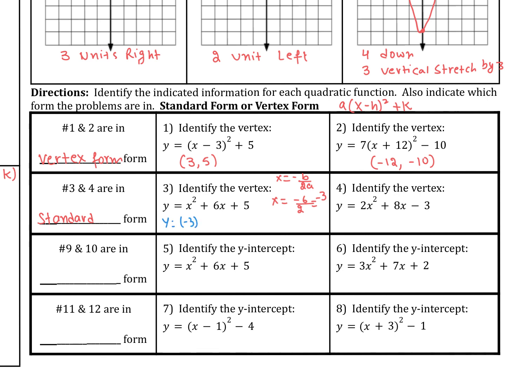So negative 3 squared plus 6 times negative 3 plus 5. That's 9 minus 18 plus 5, so that's negative 9 plus 5, which is 4. So the vertex for this one is negative 3 comma 4.